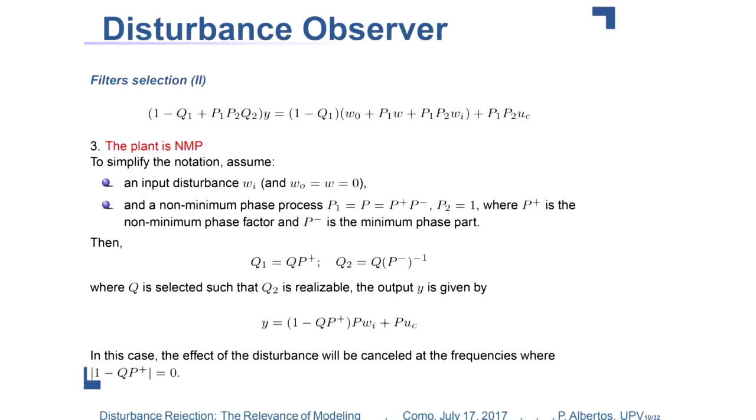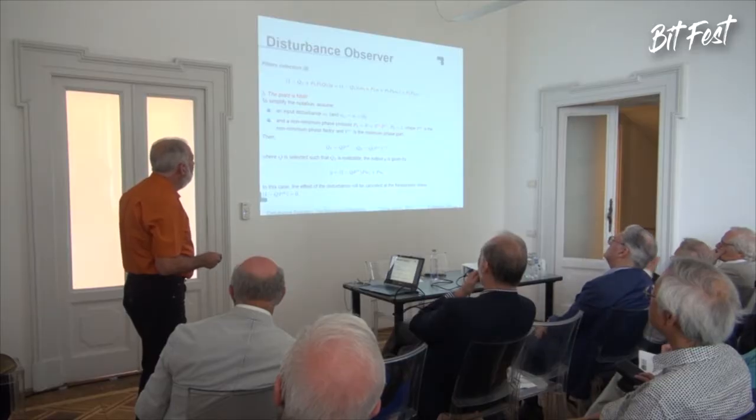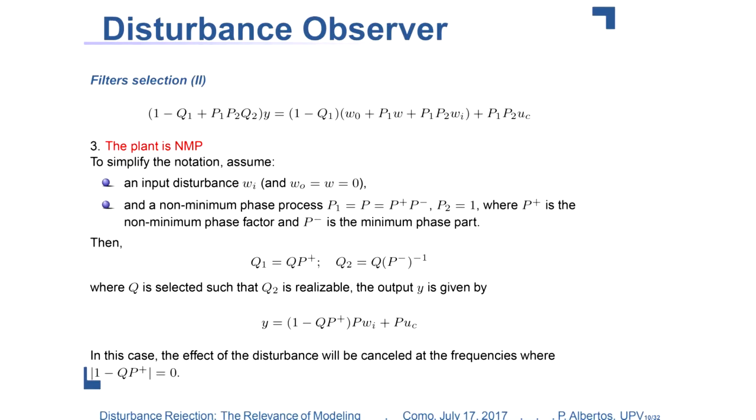If the plant is non-minimum phase, and let me assume that there is only one process, and the process is split into the non-minimum and the minimum phase part, then we can, again, find a nice solution, but in that case, Q1 should include Q as the non-minimum phase factor, and Q2 is the inverse of the invertible part of the plant.